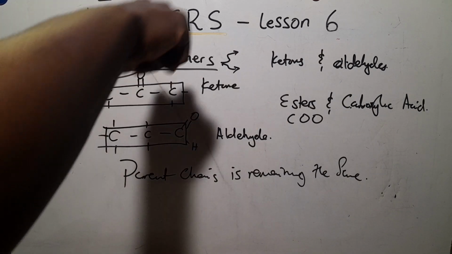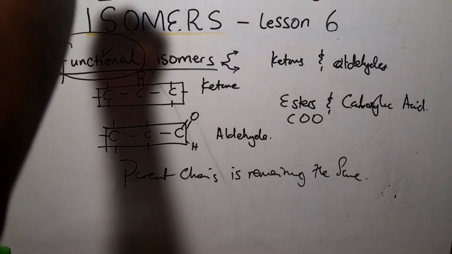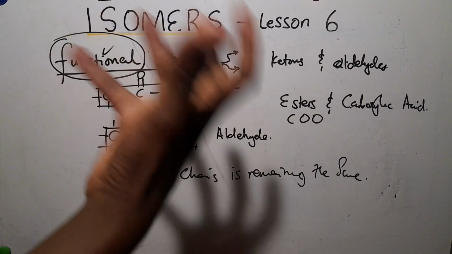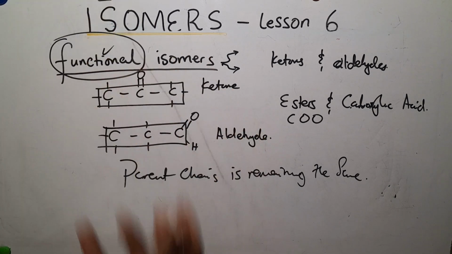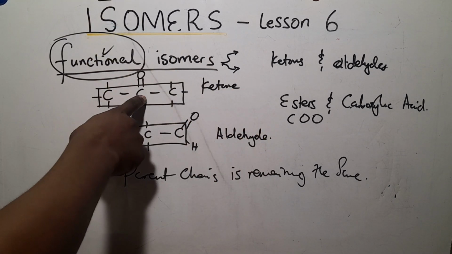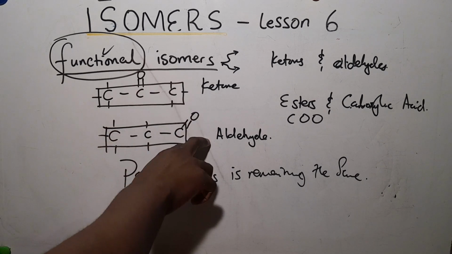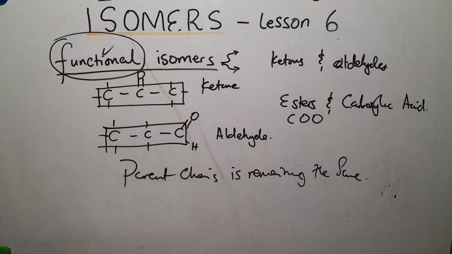Just the functional group is moving, but it moves to the point where it will change the name of the homologous series. So when it is within, it's a ketone. At the end, aldehyde. Can you see that? Those are functional isomers.